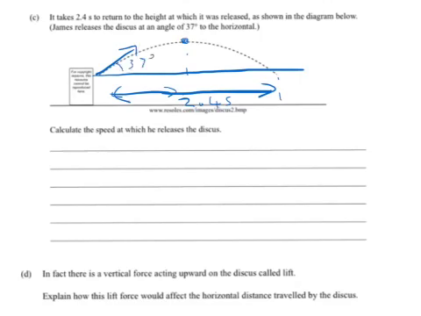Calculate the speed at which he releases the discus. Okay, so usually with projectile motion, you like to use half the flight. The time of flight is usually just for a vertical up and down. So that's 2.4 seconds in total.